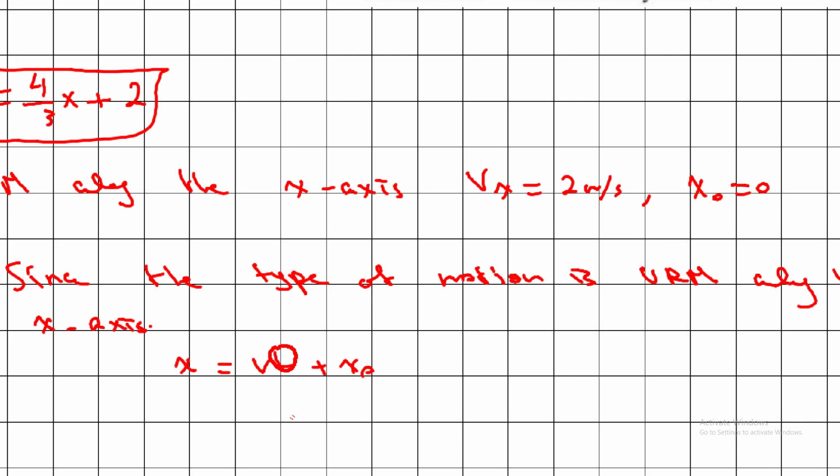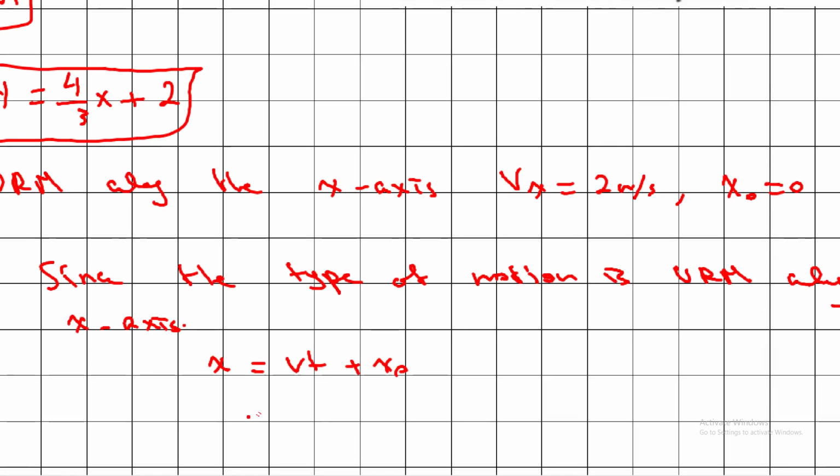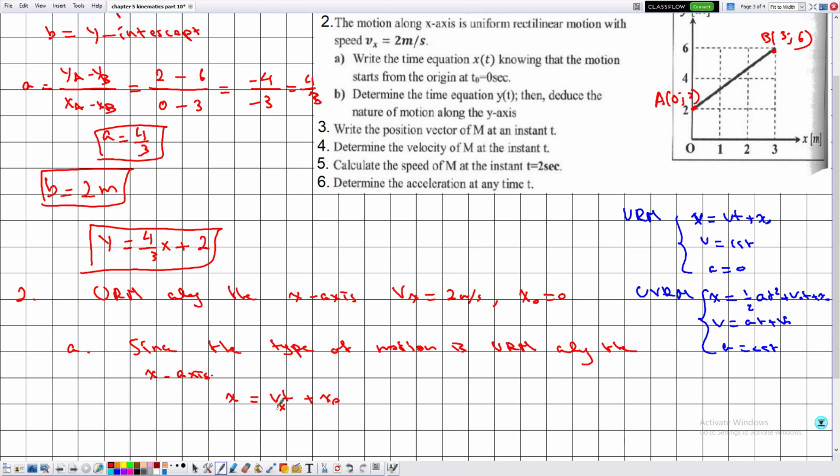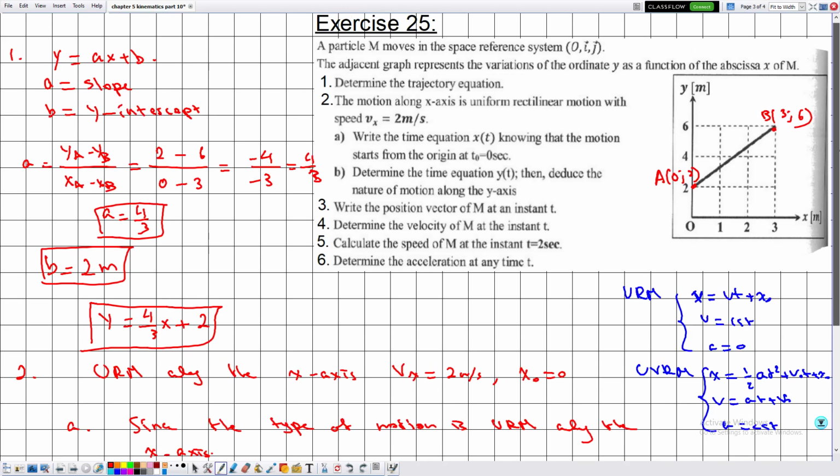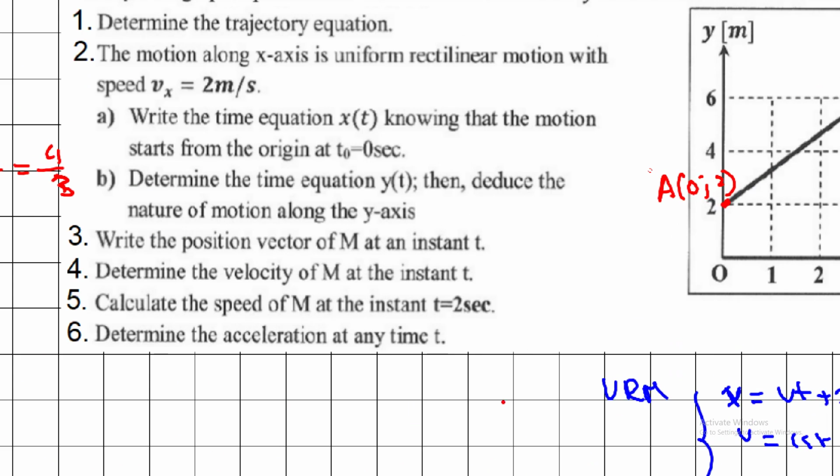Then time is always considered as a variable. In order to determine x, we need to determine v and x0. So this is vx because we need to distinguish between different components. Notice that vx is equal to 2 and x0 is equal to 0. Then the time equation is given by 2t plus 0, which is equal to 2t. So x is equal to 2t. Now in part B, they are telling me to determine the time equation y of t.